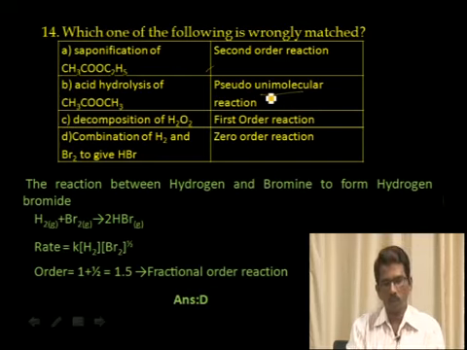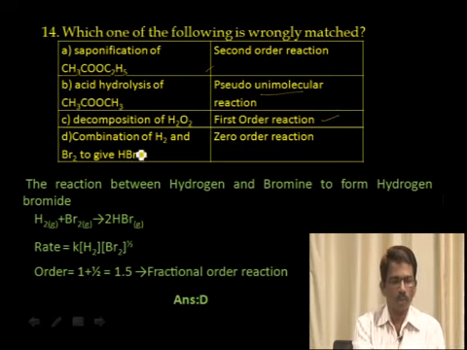Decomposition of H2O2 is definitely a first order reaction, whereas in the option D, combination of H2 and Br2 to form HBr is given as zero order reaction, but the rate law expression for the combination of H2 and Br2 to produce HBr goes with rate equals K[H2][Br2] to the power half.